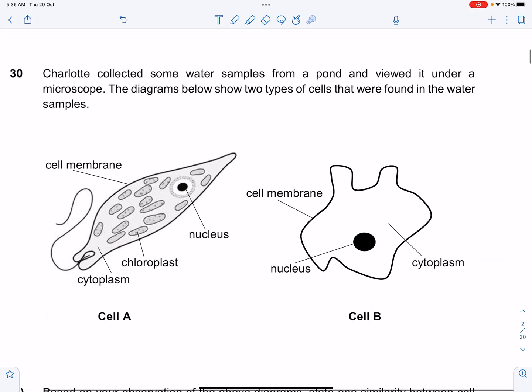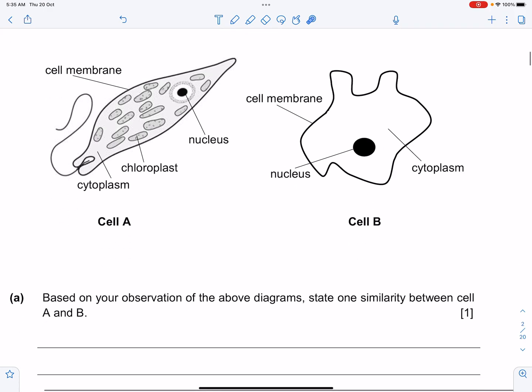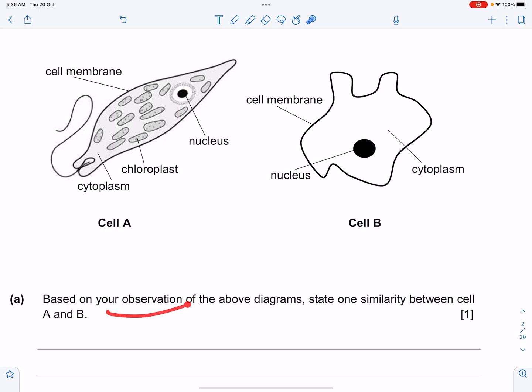Charlotte collected some water samples from a pond and viewed it under a microscope. This tells me that it is microscopic. The organism showed two types of cells that were found in the water samples. Based on your observation of the above diagram, state one similarity between cell A and cell B. Now, there are a few things that all typical cells would have.